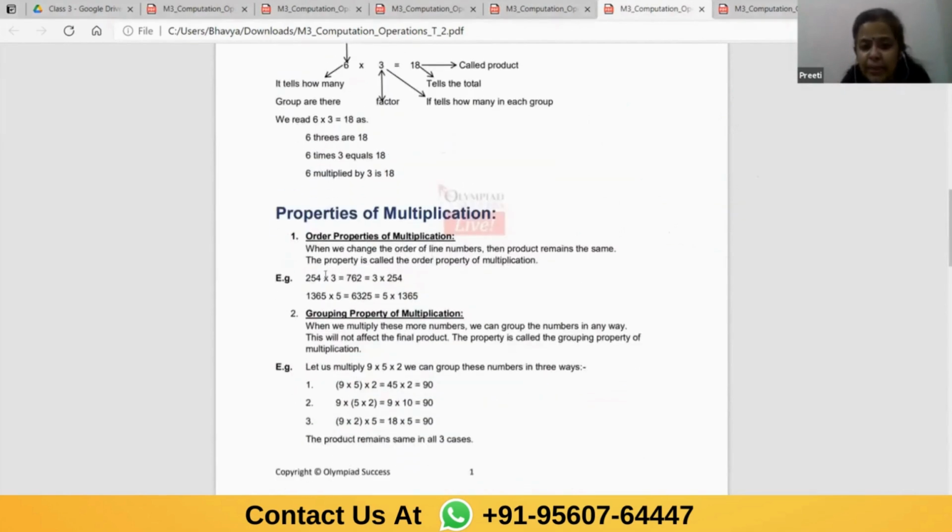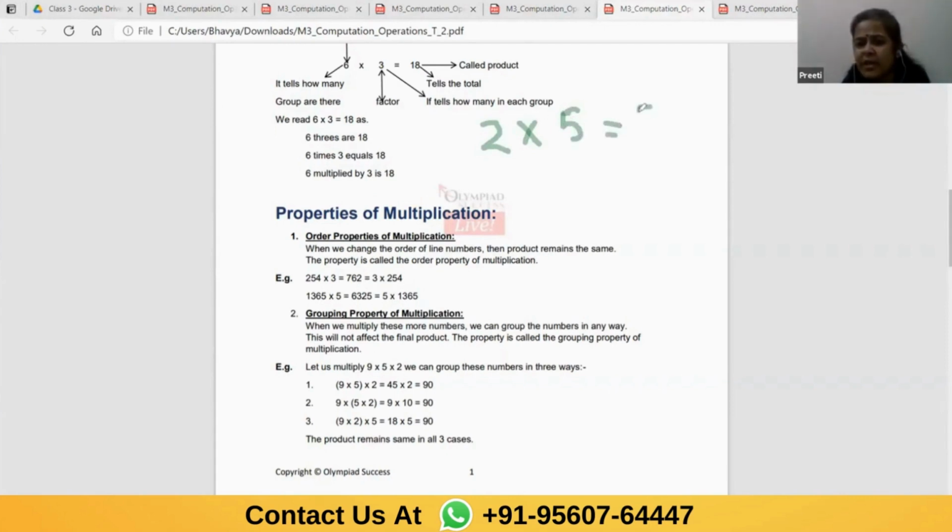Now let's look at the properties of multiplication. The order property says that even if I change the order in which I multiply the numbers, the product remains the same. If I am doing 2 multiplied by 5 and if I do 5 multiplied by 2, will my answer change?